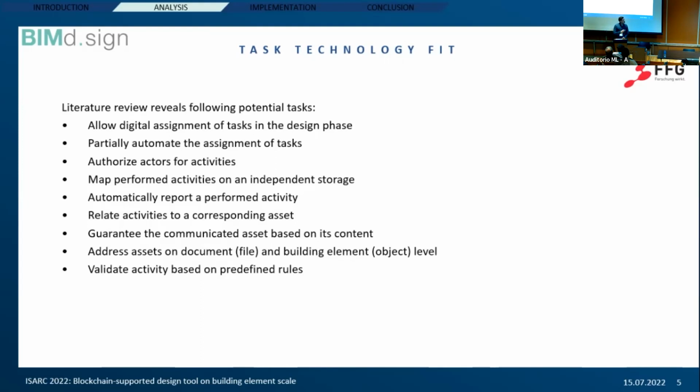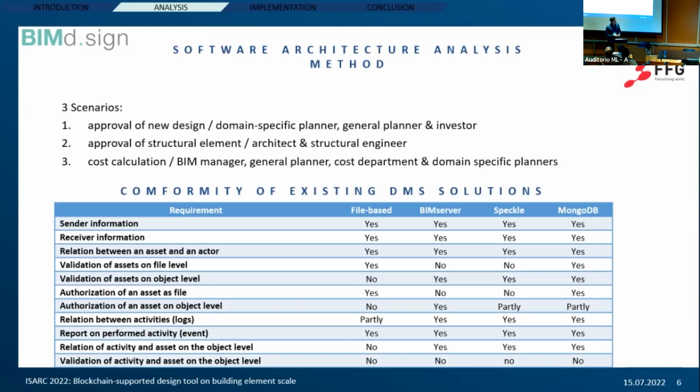And based on these tasks, we then with the software architecture analysis method tested 3 scenarios to define the specific requirements which are needed from this system architecture. The first one was the approval of new design, which included the investor who assigns the general planner, who assigns the domain specific planner to make a new design, and then it goes back for approval.